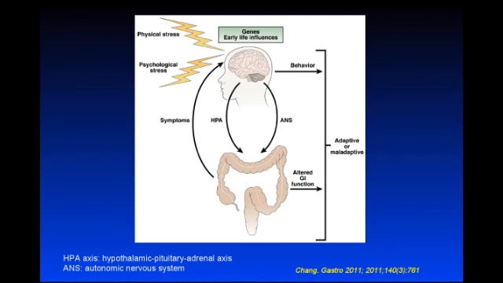So that's a very typical type of response. There's also animal data to show that if you are under stress, you have increased intestinal permeability, and also increased motility of the GI tract. So it just shows how the brain and the gut are very interrelated, and environmental factors or even physical factors will change the physiology and lead to symptoms that we see in our patients.